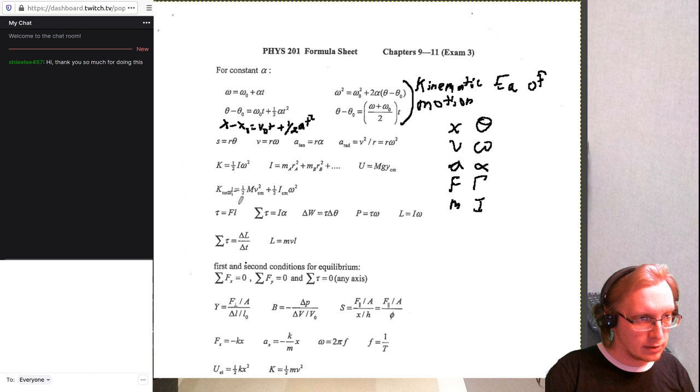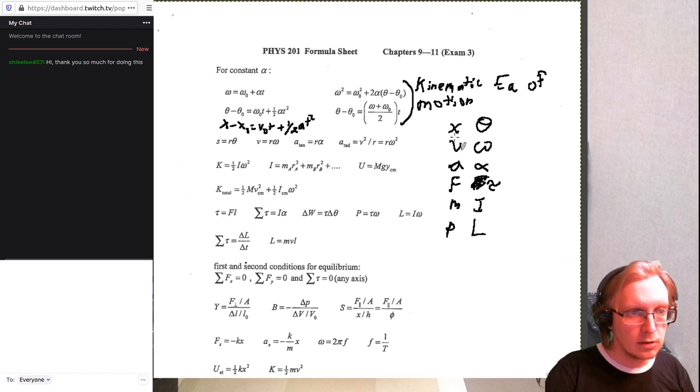What else do we have in here? I think that's the big important ones. Oops, sorry, wrong torque. Tau torque, not gamma torque. Oh, and then P becomes L. And I think that's about it looking through here.